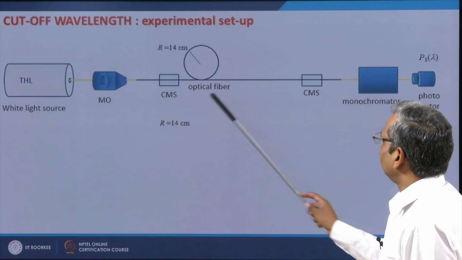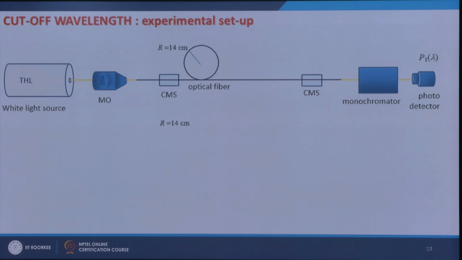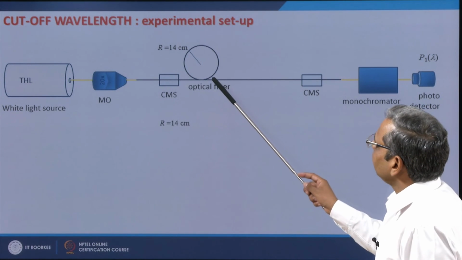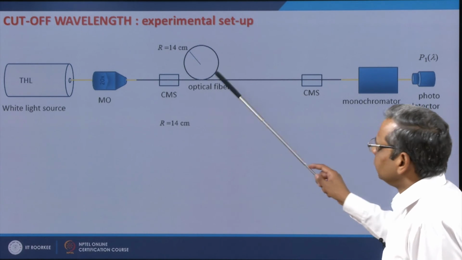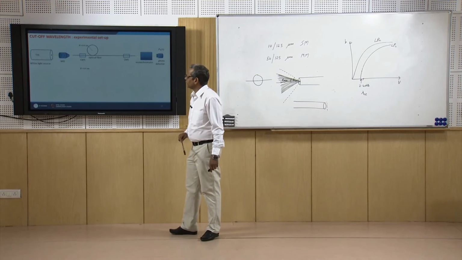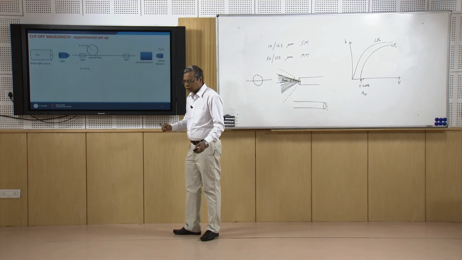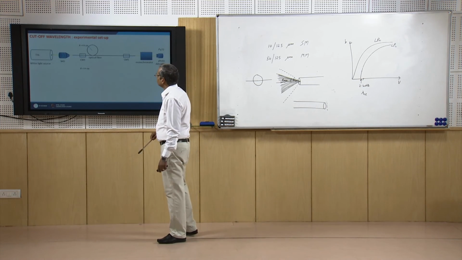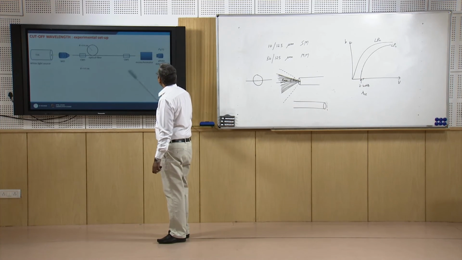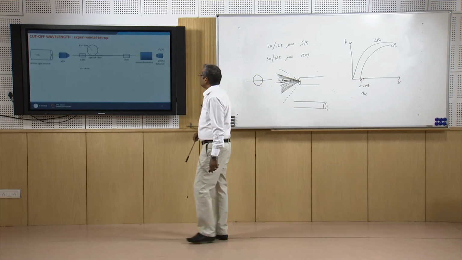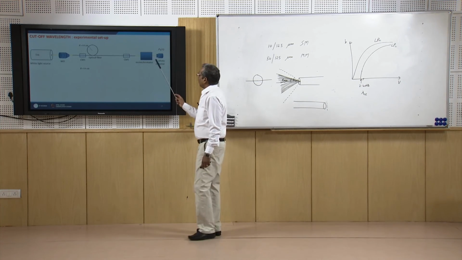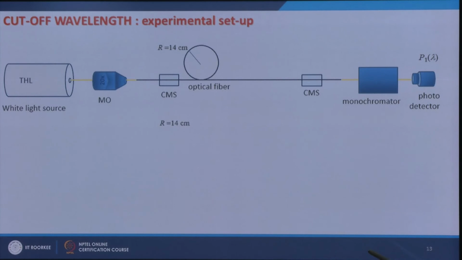I strip off the cladding modes, and then I make a big loop of 14 centimeter radius, which does not cause large bending loss, and then I measure the power here at a certain wavelength. I can change the wavelength and measure the power as a function of lambda, and I change the wavelength with the help of a monochromator.